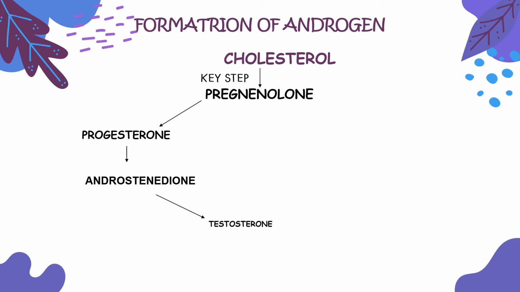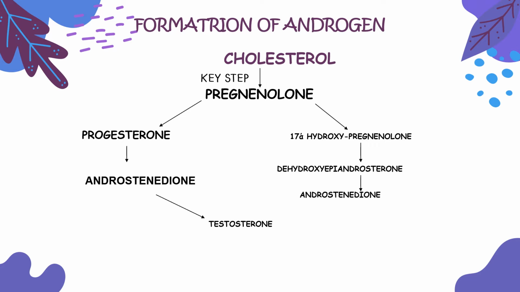Androstenedione gets converted into testosterone. Pregnenolone also gets converted into 17-alpha hydroxypregnenolone, and then dehydroepiandrosterone, and that gets converted into androstenedione. So androstenedione again gets converted into testosterone.